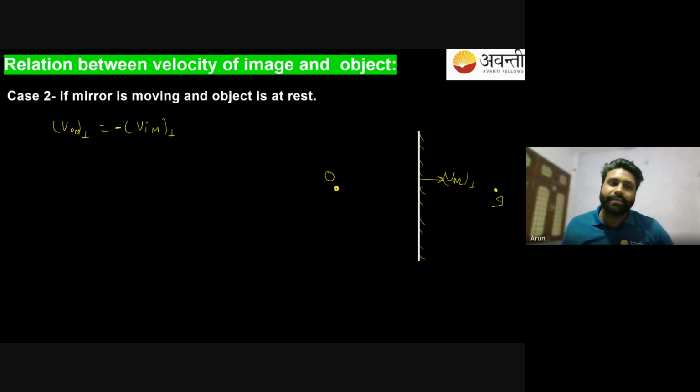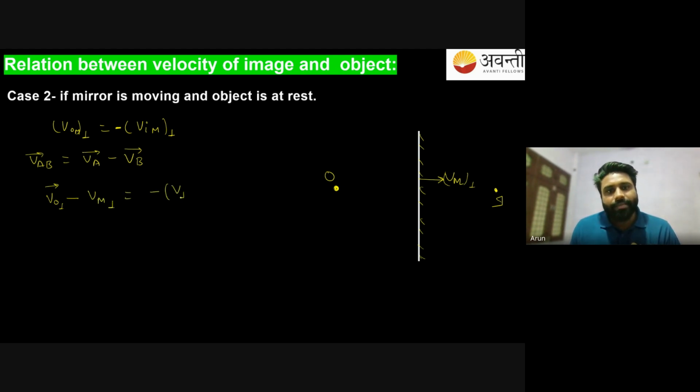Opposite in sign. So from the relative velocity knowledge, we can say that velocity of A with respect to B is velocity of A minus velocity of B. Same we are going to write here. Velocity of object perpendicular minus velocity of mirror perpendicular is equal to minus of velocity of image perpendicular minus velocity of mirror perpendicular.